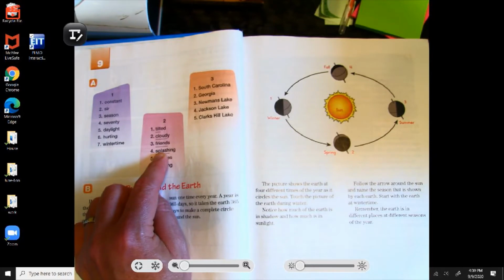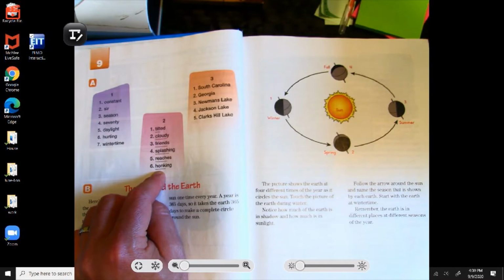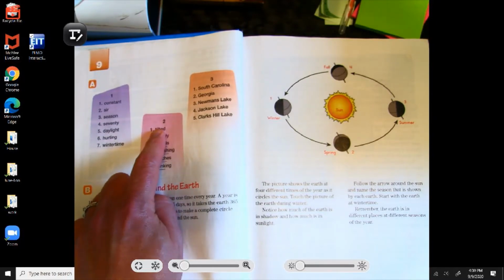Splash. What's the whole word? Splashing. Word 5, what's the underlined part? Reach. What's the whole word? Reaches. And word 6, underlined part? Honk. Whole word? Honking.